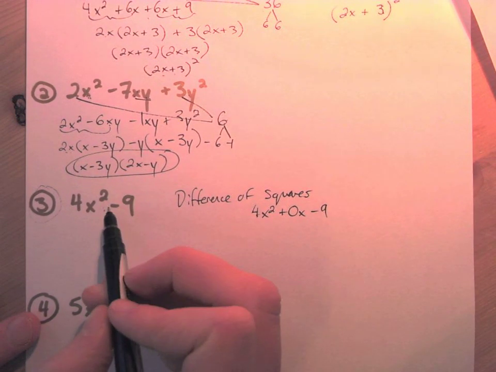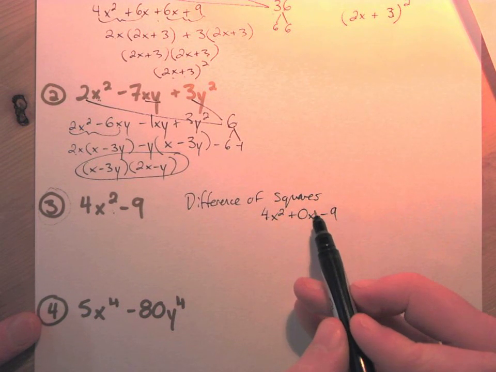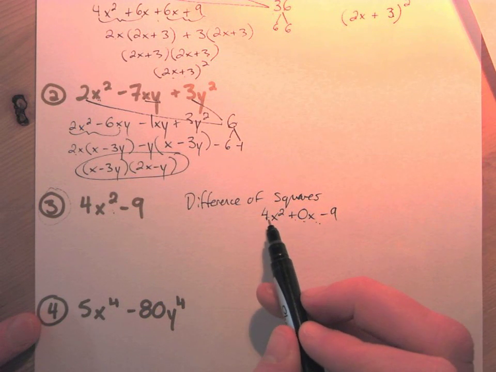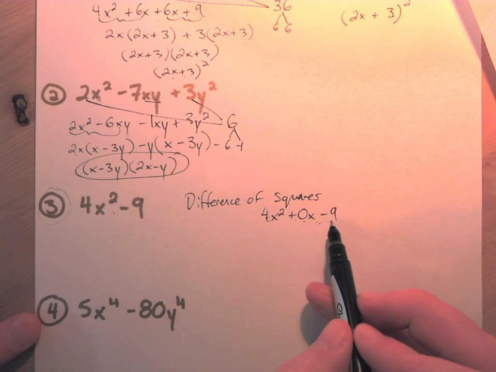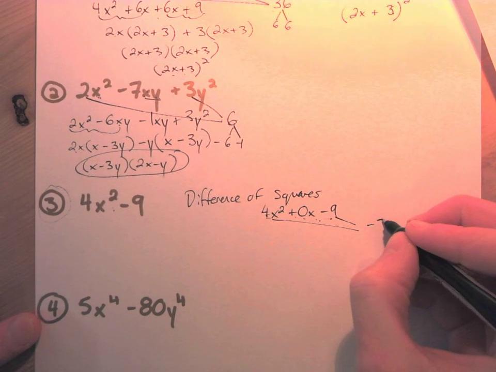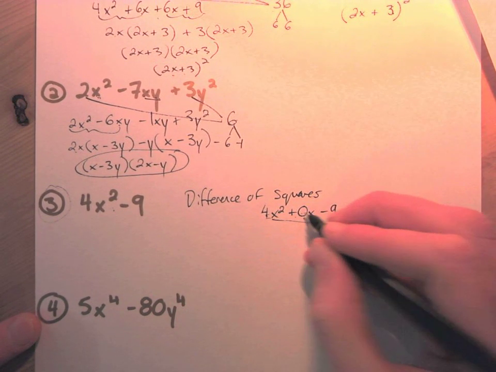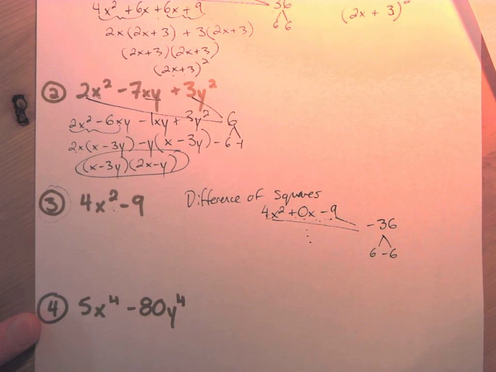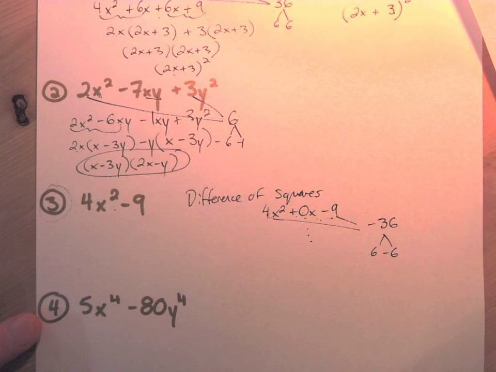You have to notice that there's no x term, so you have to make your own 0x. 0 times anything is 0, so you're allowed to do that. So once you do that, you can do a hard trinomial. What multiplies to negative 36 and adds to 0? Well, that's 6 and negative 6, and so on, and keep going and finish the question that way.